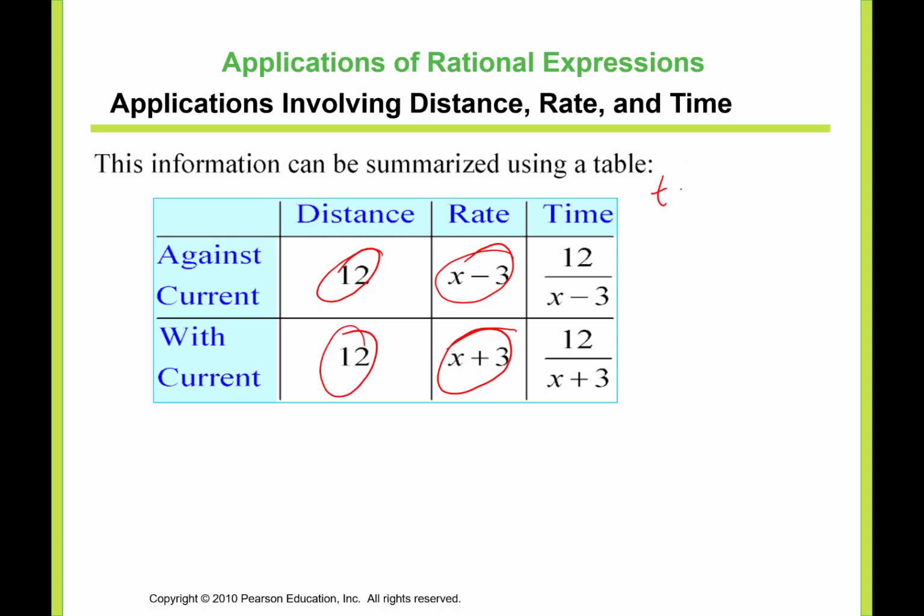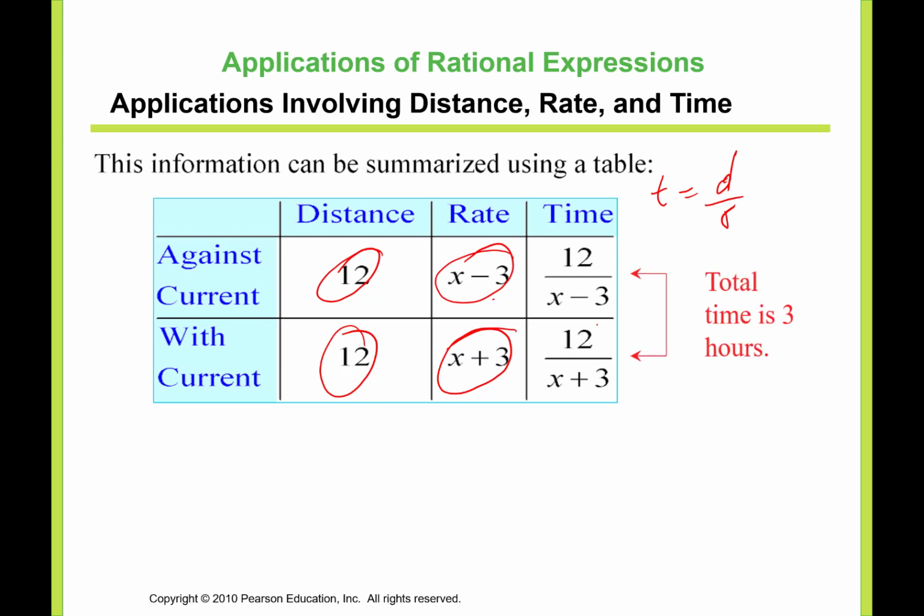Again, the formula is t equal to the distance over the rate, and that makes sense because that will represent my time over a particular period. So the time is going to work out to be 12 over x minus 3, because this is representing my rate going upstream, and then coming downstream, it's going to be 12 over x plus 3.